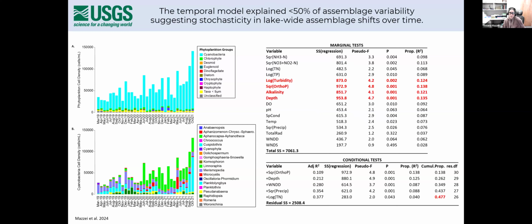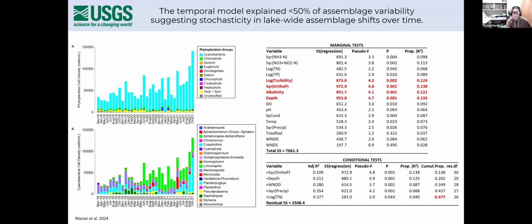So the temporal patterns of assemblage structure in the lake were also examined, but there was no evidence of succession across meteorological seasons or subtropical wet-dry seasons. The temporal model only explained 48% of the total temporal variability, suggesting potential stochasticity and lake-wide shifts in assemblage structure over time.